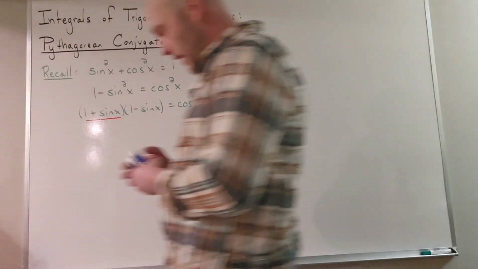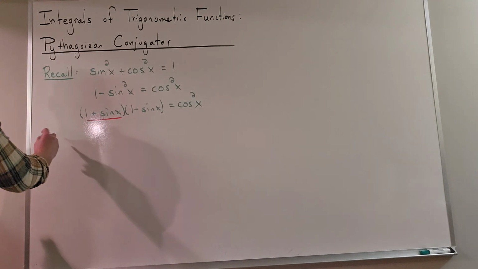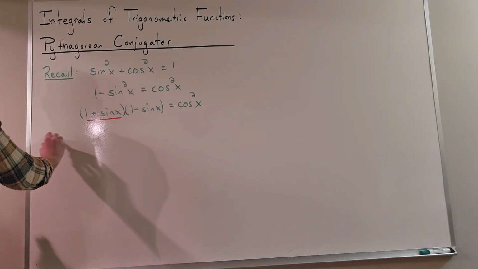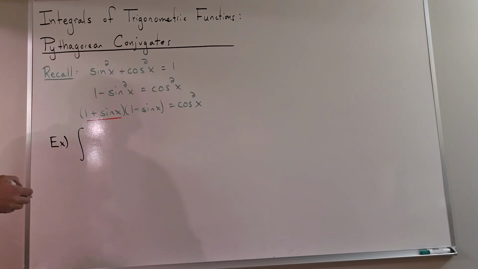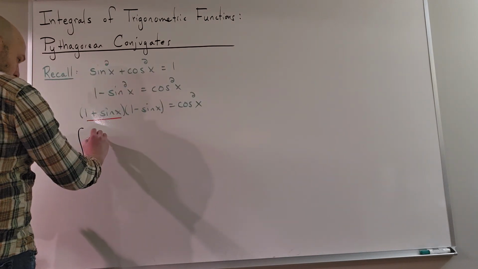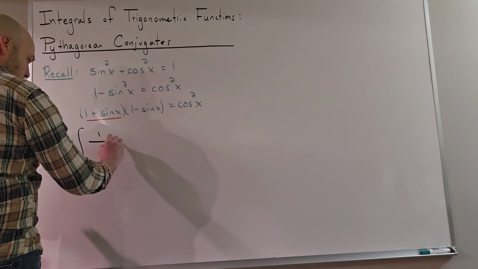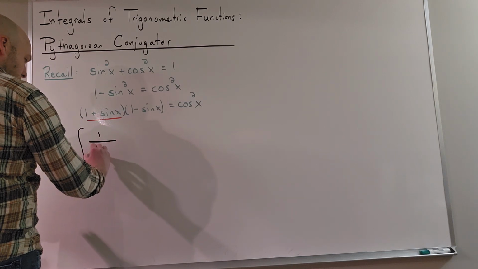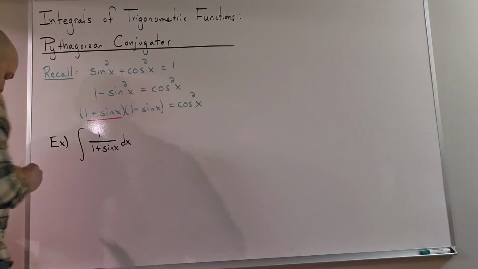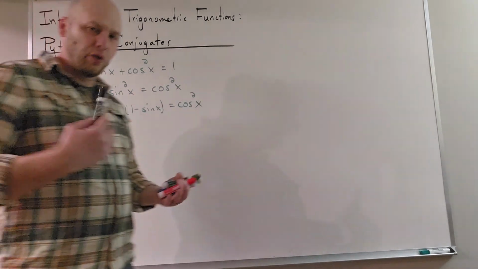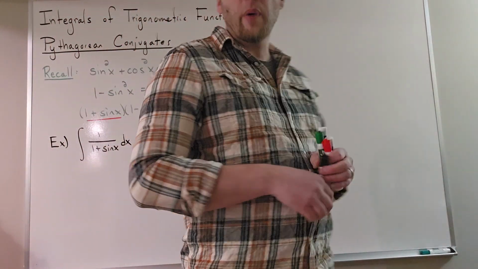All right, so let's say I have the integral. Let's use the Pythagorean conjugate that I would have had up above. So let's say I have the integral of 1 over 1 plus sine of x. Notice a u substitution won't work, and integration by parts won't work.